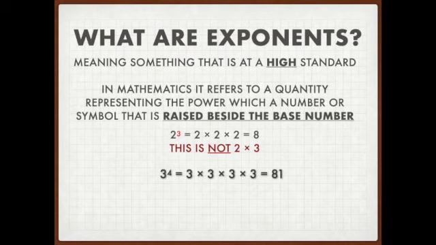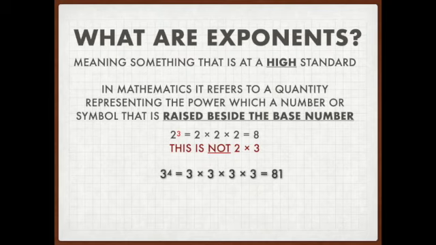So 2 to the third power is not saying 2 times 3. This is saying that we have it 3 times. So 2 to the third power is going to be 2 times 2 times 2. Okay? So it's not 2 times 3. So 2 times 2 times 2 equals 8.